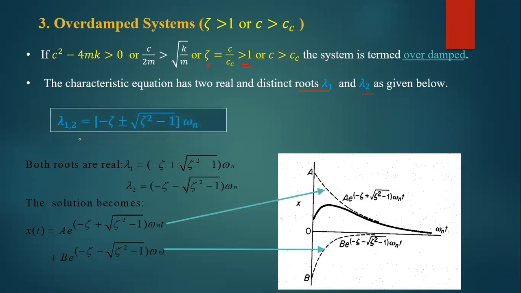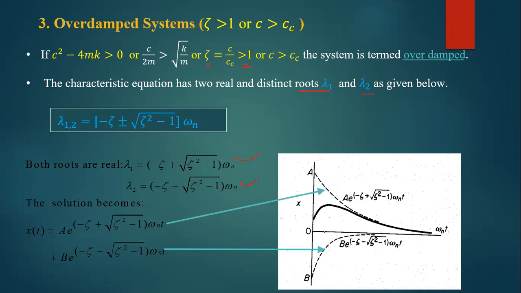So lambda 1 and 2: lambda 1 is minus zeta plus radical zeta square minus 1, omega n, and then minus zeta minus radical zeta square minus 1, omega n is the other root. So our zeta is in this side, not in the opposite side this time. The two roots are real roots, not repeated and not complex conjugates. So this is the graph.